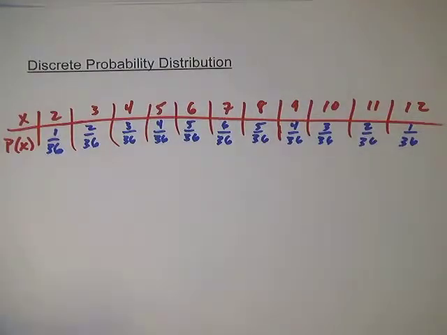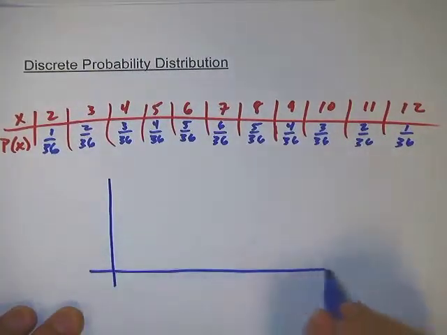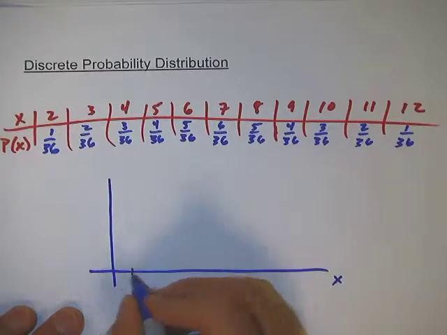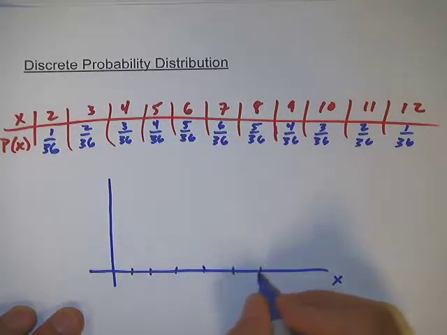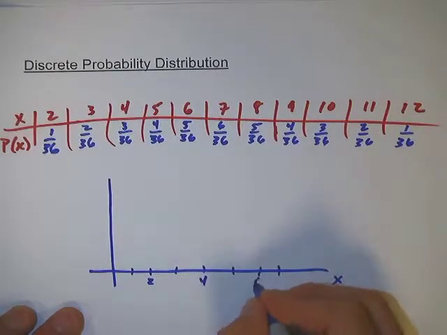Then generally what we can do is also turn this into a histogram. I'm not going to make the entire thing, but what we could do is set up our axes. This would represent x: 2, 4, 6.